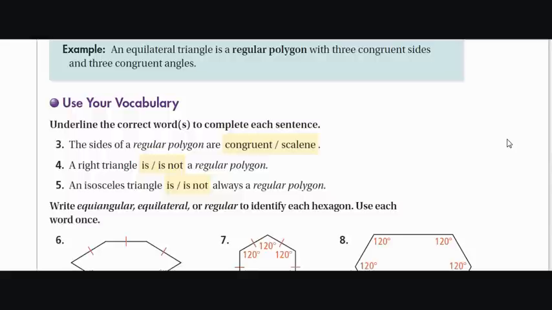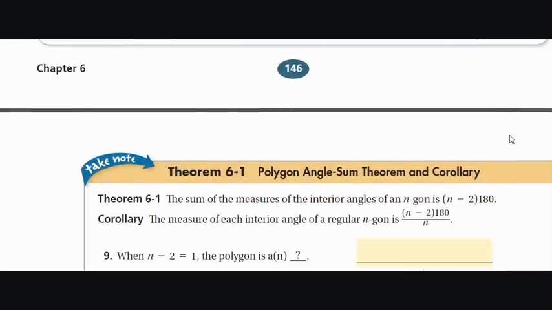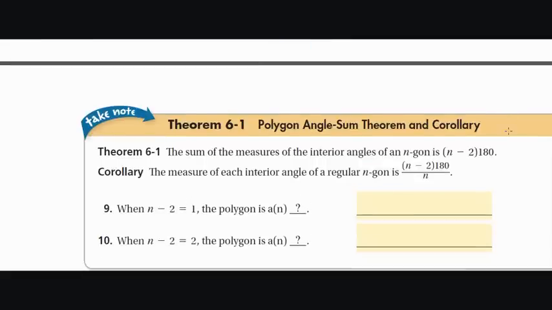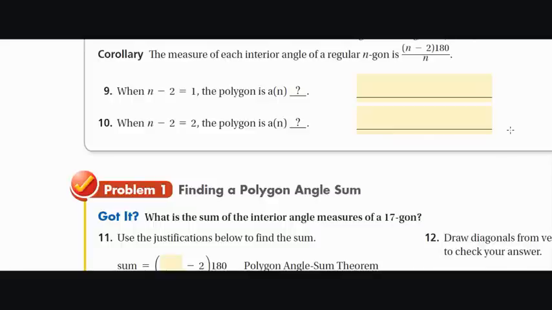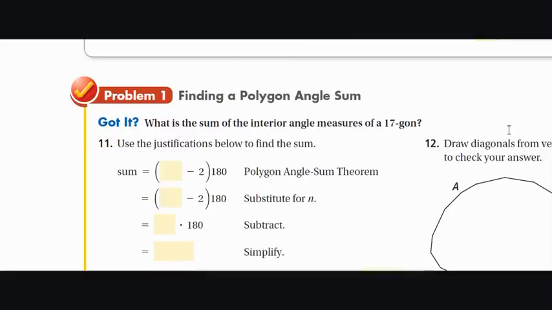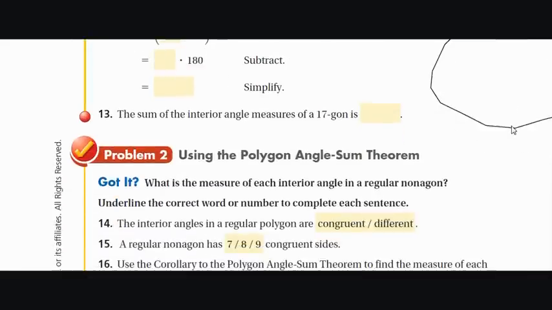You can use that vocabulary just to identify some stuff, just to make sure you really understand that vocabulary. Then you're going to use the theorems that we talked about in this lesson to answer some questions about certain polygons. And you're going to use those to find angle sums for different polygons.